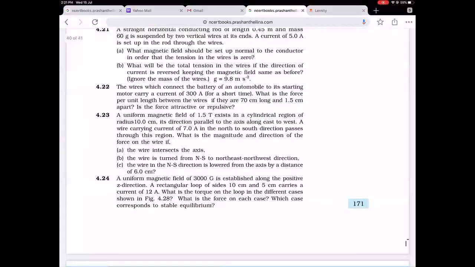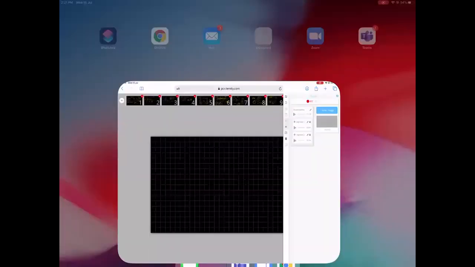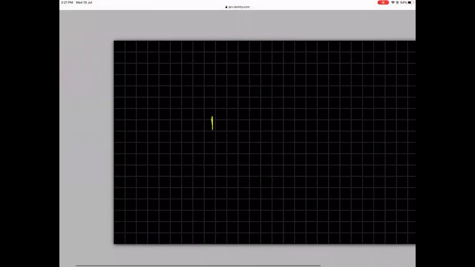See, in question number 20, there is a small region which has a 0.75 Tesla magnetic field. Suppose there is a small region here with a 0.75 Tesla magnetic field.